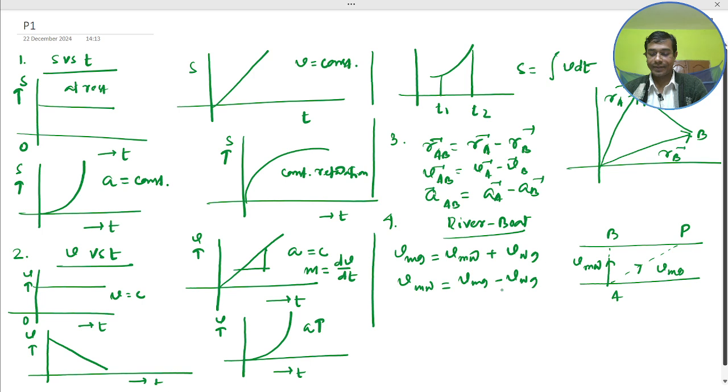And another thing is that to reach the directly opposite point, the drift dx is 0.